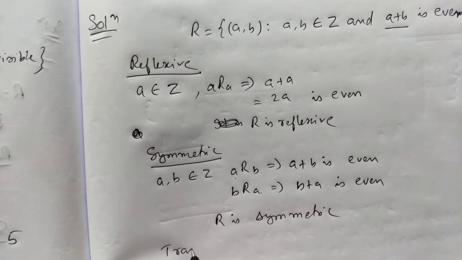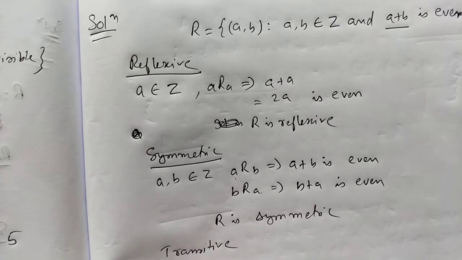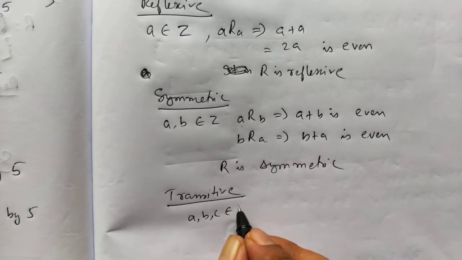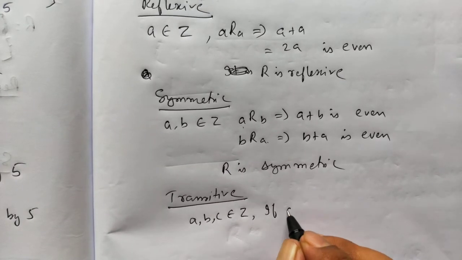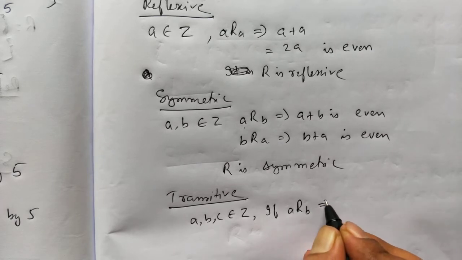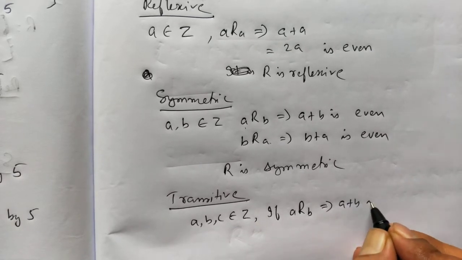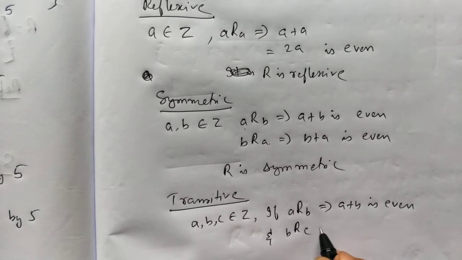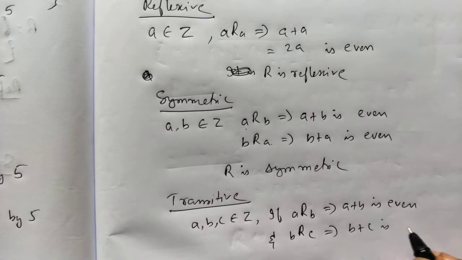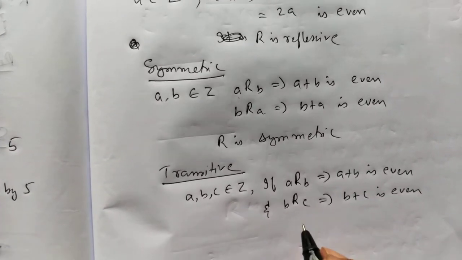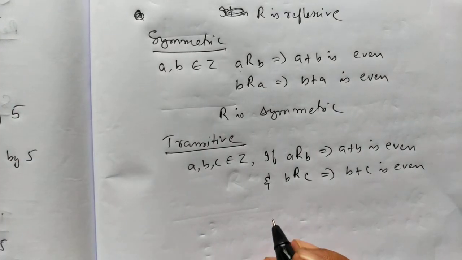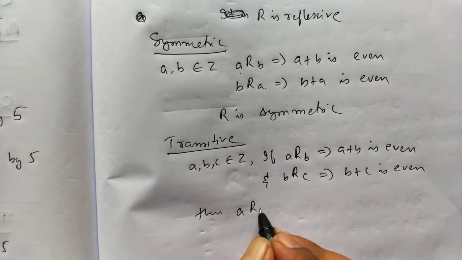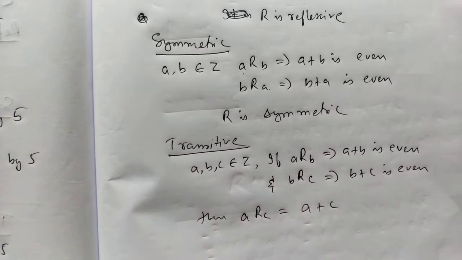Let's check transitive. We need three alphabets or three numbers. If A related to B, that is A plus B is even, and B related to C, B plus C is even, then we have to check A related to C. Is A plus C even or not?